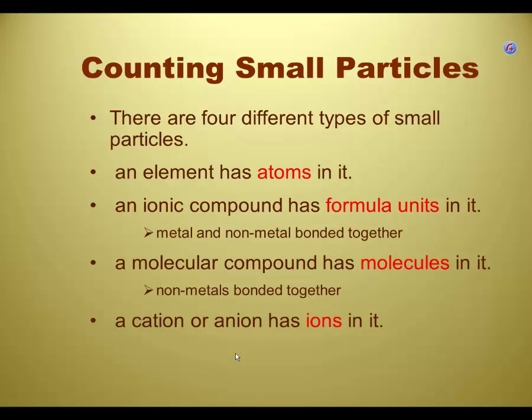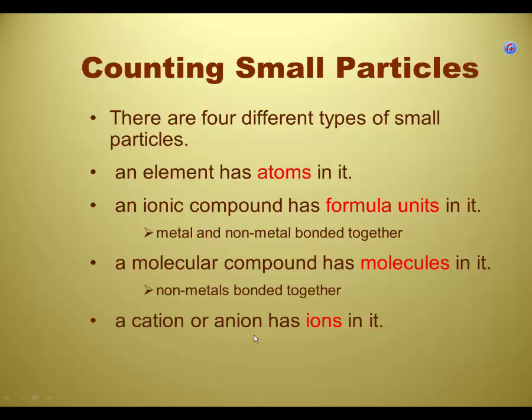And when we're working with small particles, it's always going to be Avogadro's number. But we'll talk about different small particles for different things. Elements have atoms in them. Ionic compounds, which we haven't really talked about before, have formula units. Molecular compounds have molecules in them, like water. Sodium chloride would have formula units.